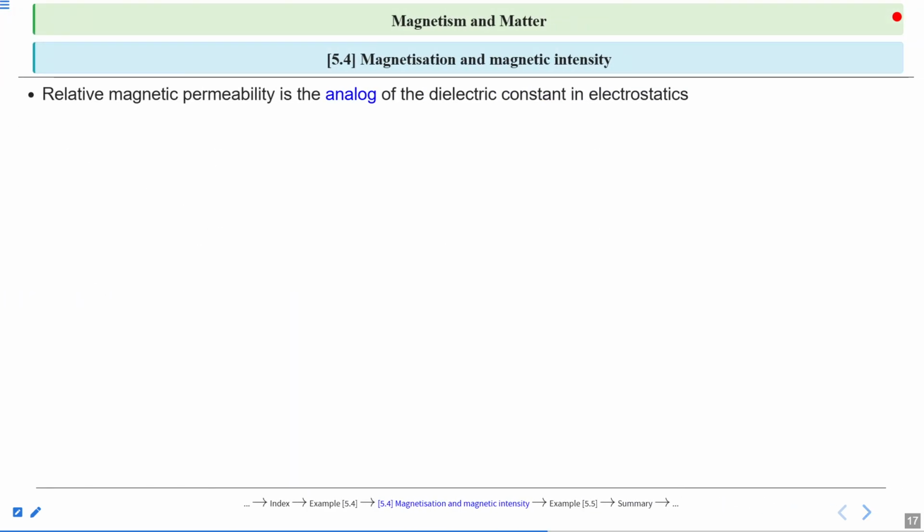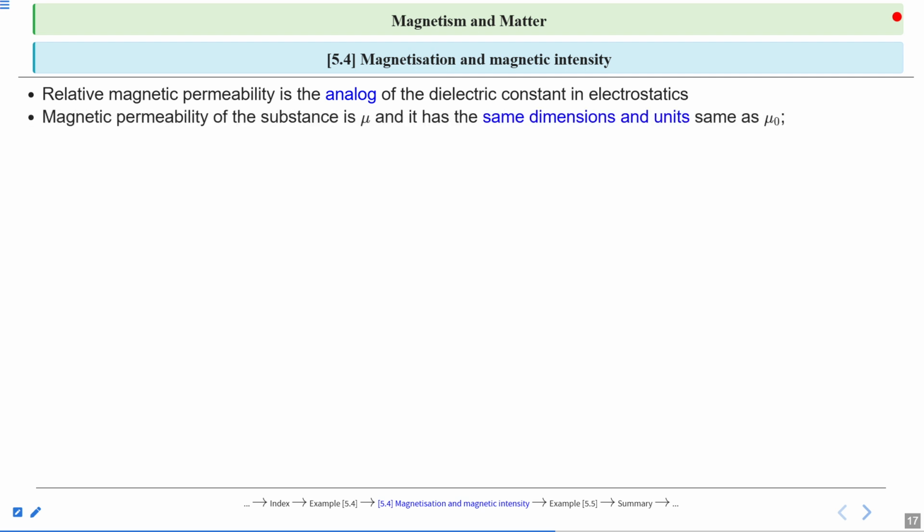Relative magnetic permeability is the analog of the dielectric constant in electrostatics. In electrostatics we discussed relative permittivity, so it is analogous to that.